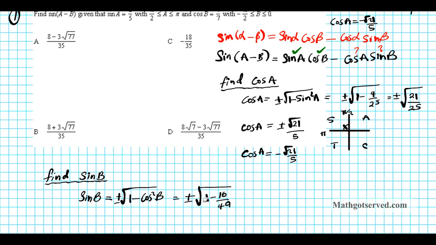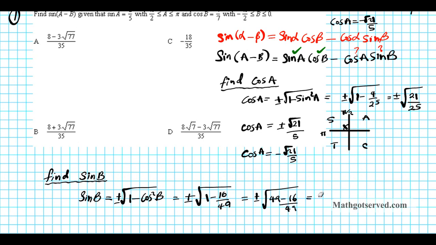Okay, and then if you multiply both sides, you have 49 and 1. And then if you subtract 16 from 49, we get 33. Okay, so this becomes plus or minus the square root of 49. Let me just write it so you see, minus 16 over 49.